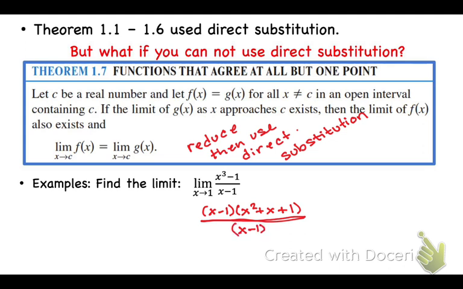So what can I reduce this to? So I'm now looking at the limit as x approaches 1 of x squared plus x plus 1. Do you see that? Because at 1 is this open circle.